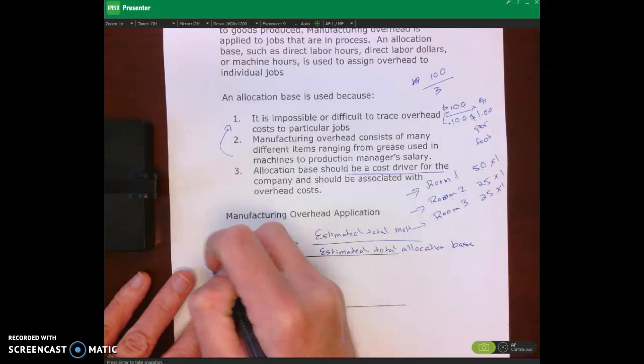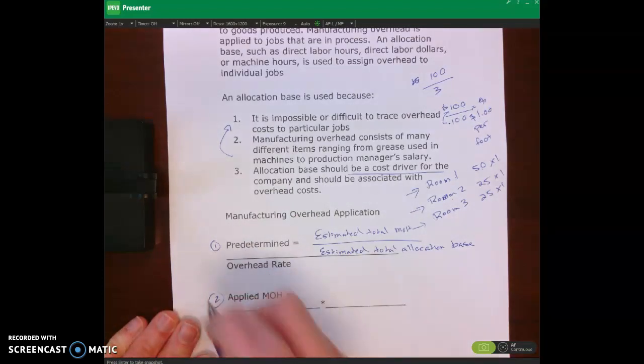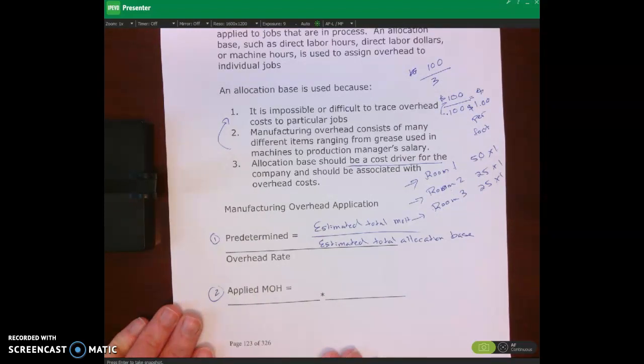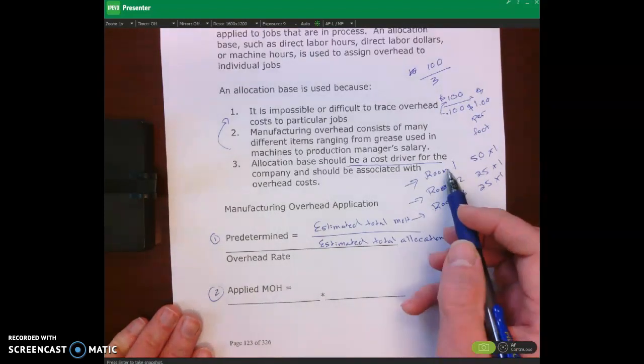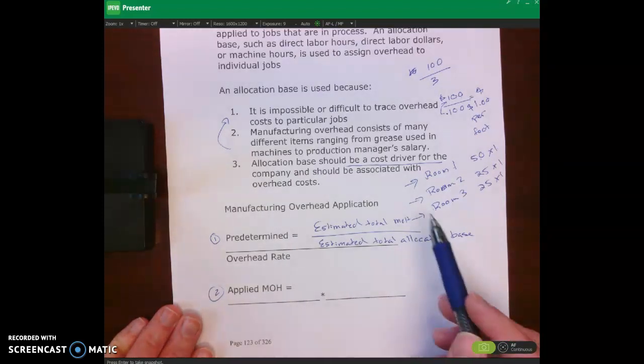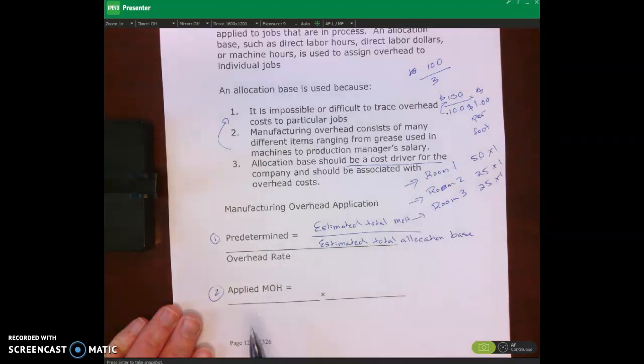So that's step one. And step two, we then calculate the overhead applied to the job. How do we do that? Well, similar to the roommate example, we ask how much of the allocation base did that job use times the rate? How much of the allocation base was used by the job times the rate?